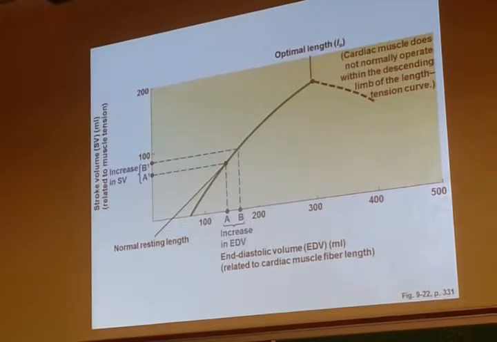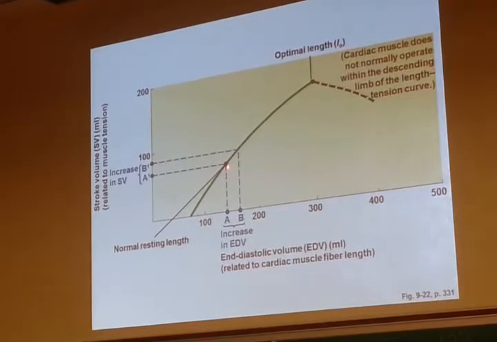That would be, if this was 135, like over here, and we had this overlap of actin and myosin, and we created the tension at 135 mLs, then we would have 70 mLs being ejected. That would be the corresponding number, so that may be what they're intending here.